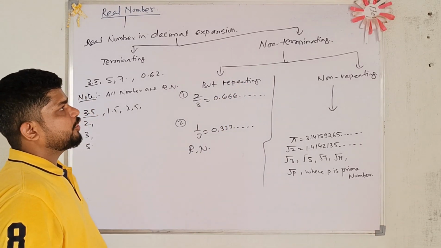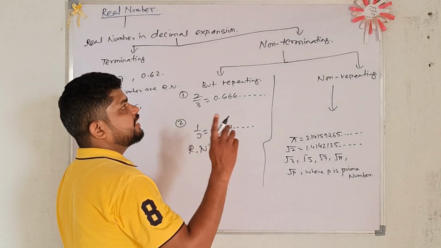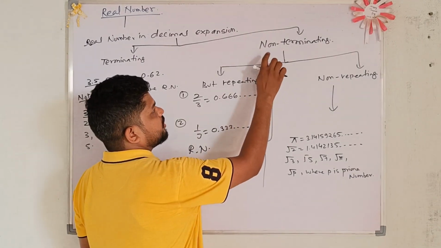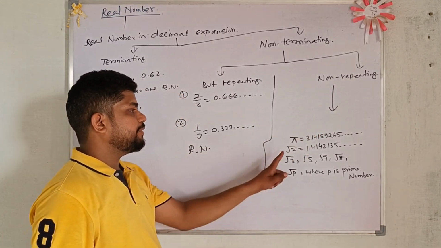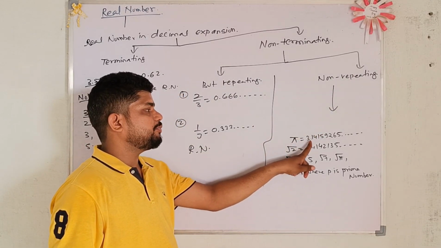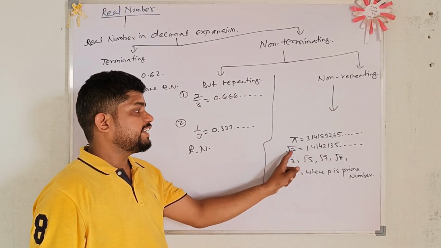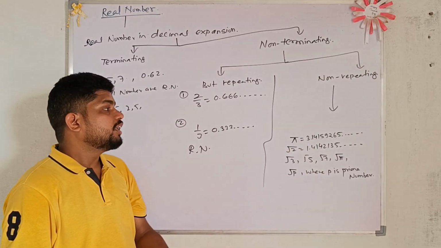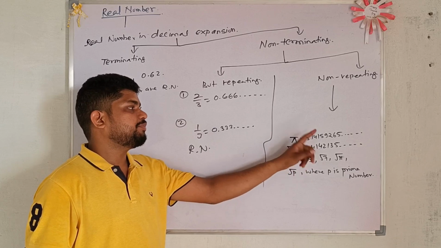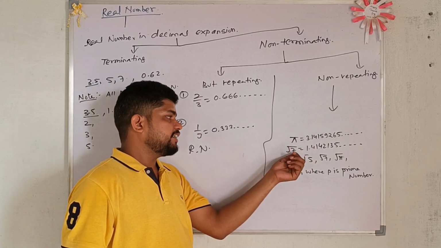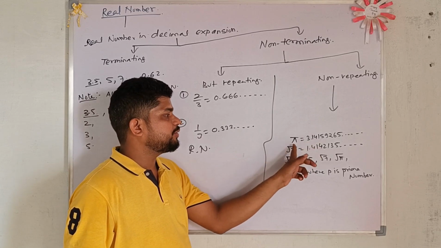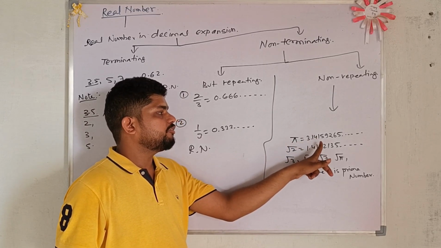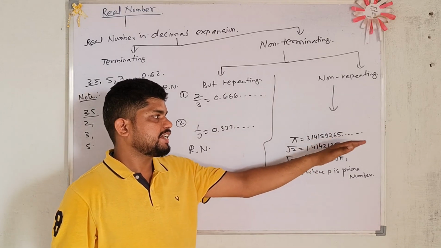Okay. Now talking about what if the case arises for non-terminating but non-repeating. Suppose I have written pi. Pi has a value 3.14. No, it has a few more digits attached to it after the decimal. When we write the value of pi, it's not just 3.14. It is expanded to 3.14159265 and so on.